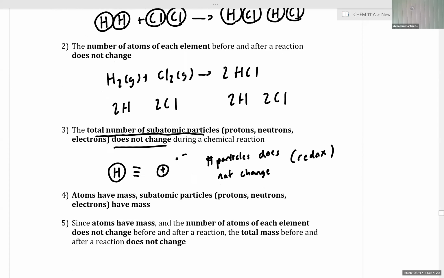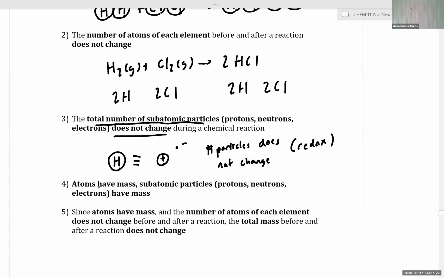Now, we clearly know and we've seen that atoms have mass and subatomic particles have mass. Since atoms have mass and the number of atoms of each element doesn't change, the total mass before and after a reaction doesn't change.